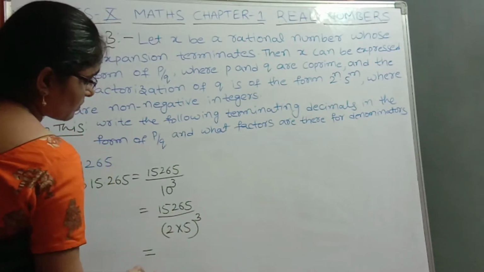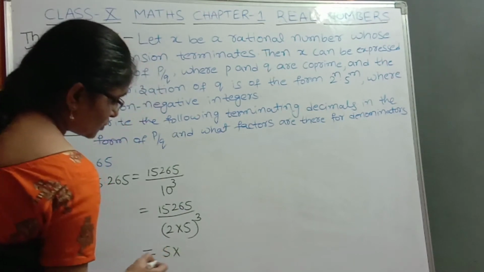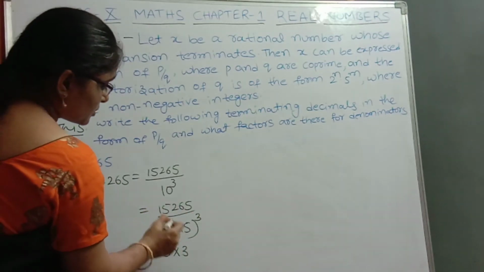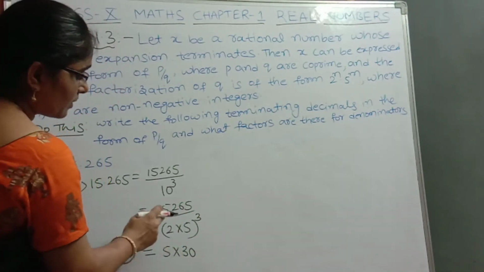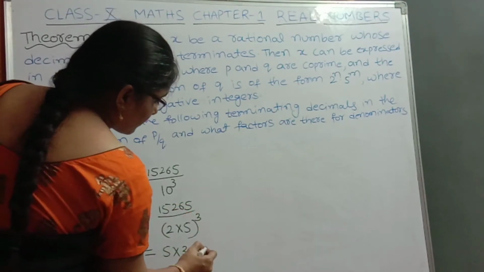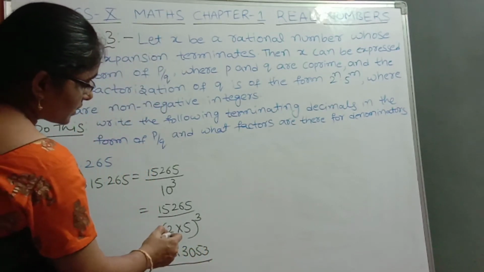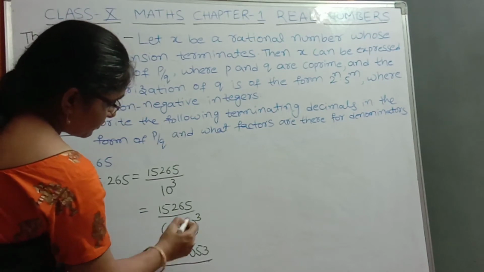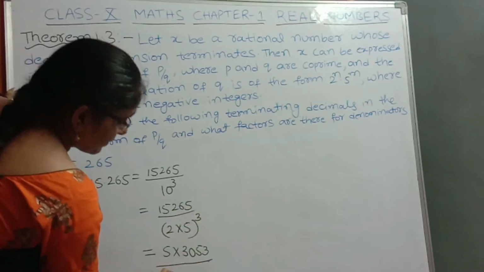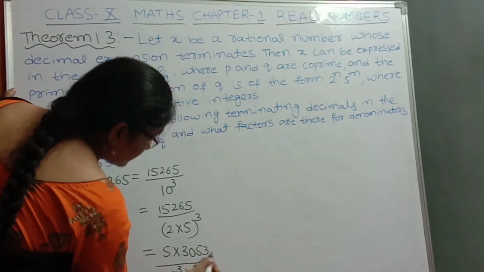Now again it equals, write it as 5 into, 5 threes are 15, here 0 because at a time we are taking 0, and 5 fives are 25, and here 5 threes are 15. Now in the denominator part, 2 into 5 whole cube can be written as 2 power 3 into 5 power 3.